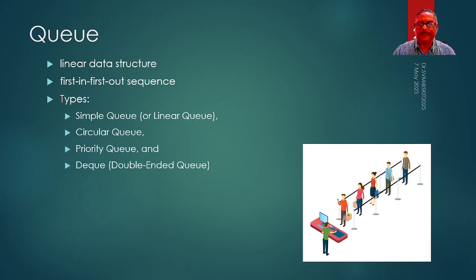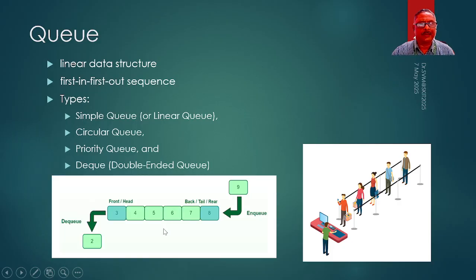First in, first out is the logic of a queue, and that's the data structure model for a queue. On the back end, elements get added, which we call enqueue, and at the front end, the elements are released, and that operation is called dequeue.